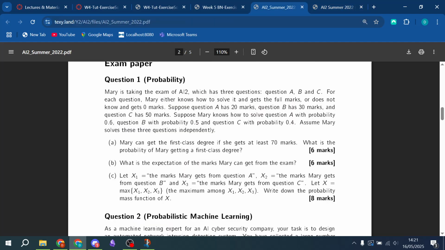So basically, the question is asking, we need to write the probability mass function of X, which is the maximum of these three variables, and each of these is just the number of marks she gets from a question. So X is a variable which contains the number of marks from the question she got correct, which gave the most marks.